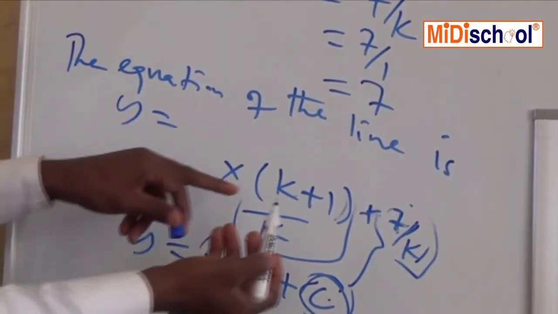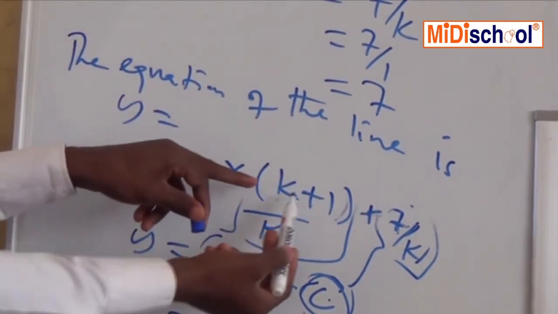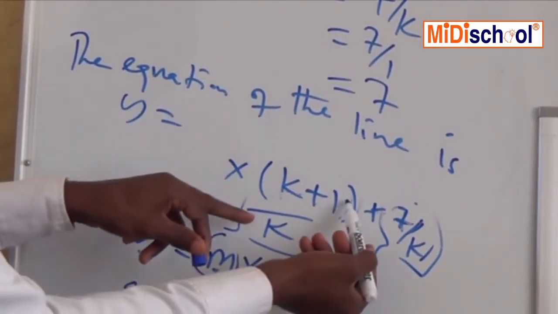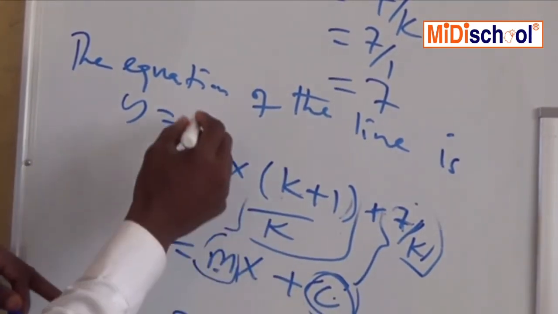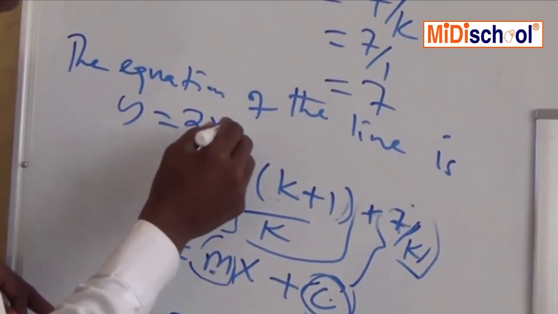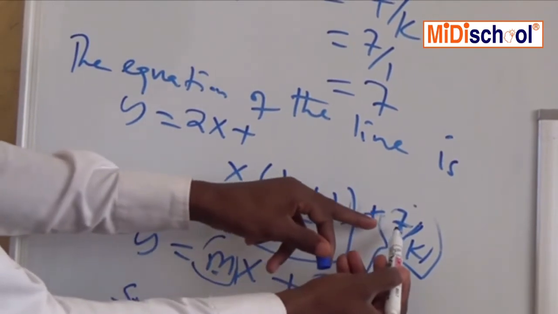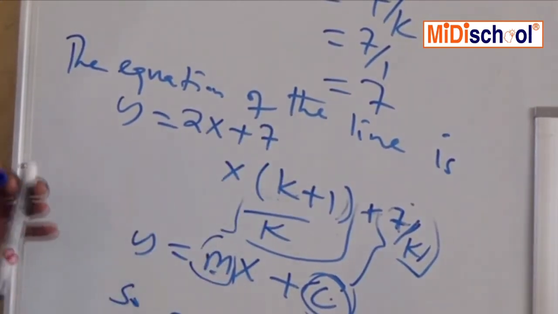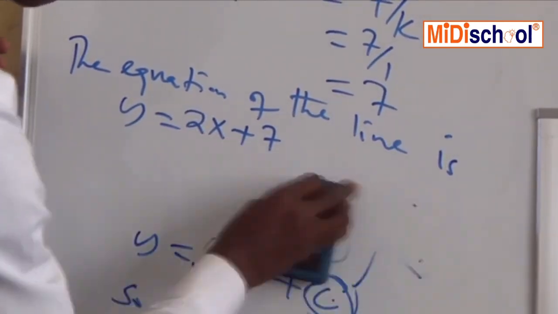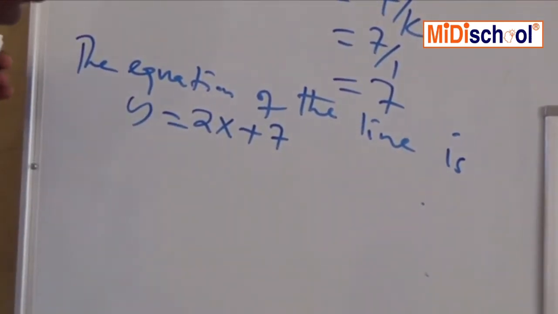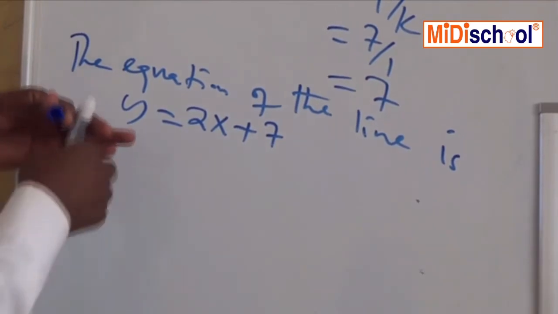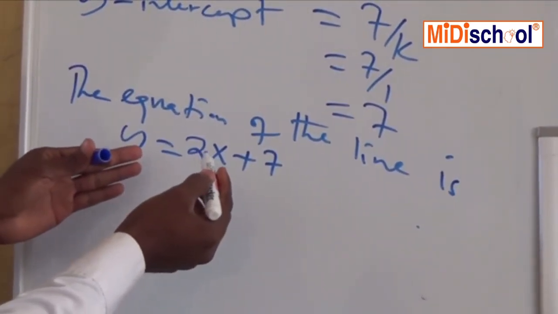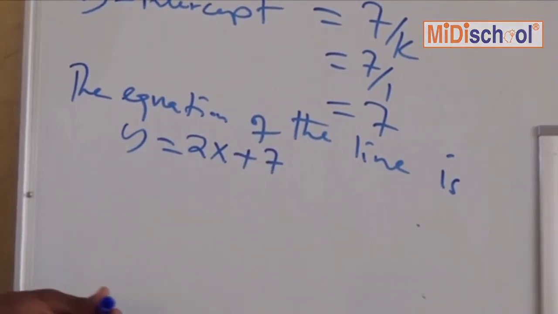Now we have the value of k, which is 1, so substitute k here, so we are having 1 plus 1, which is 2 over 1. So this is 2x plus, the value of k here is 1, so 7 over 1 is 7. So this is the equation of the line after obtaining the value of k, which is 1, and the value of the y-intercept, which is 7. That's all about it.